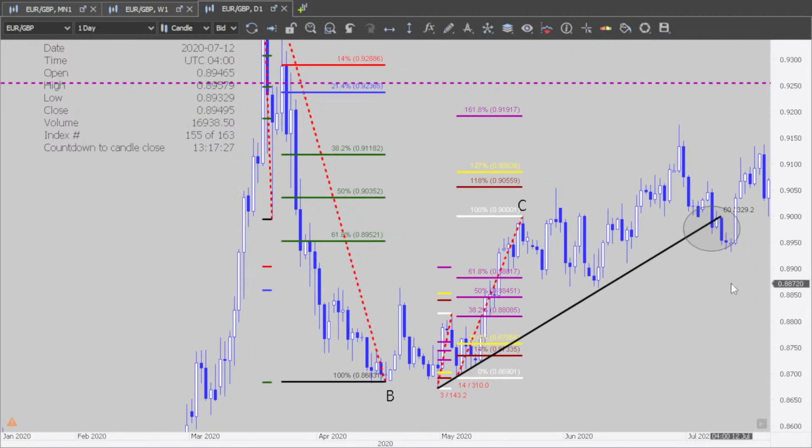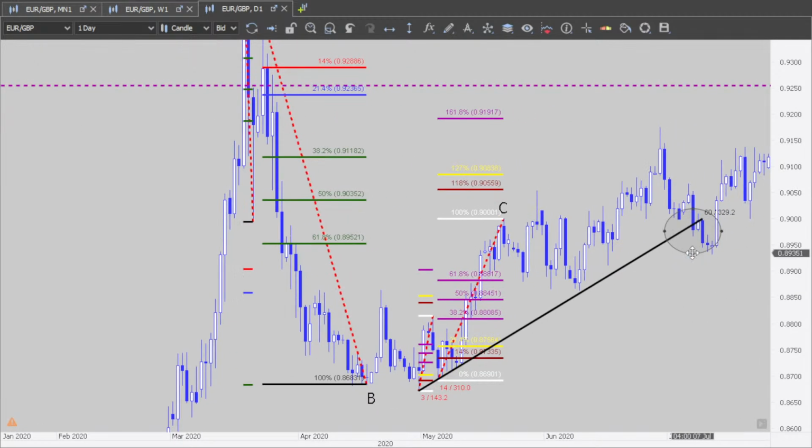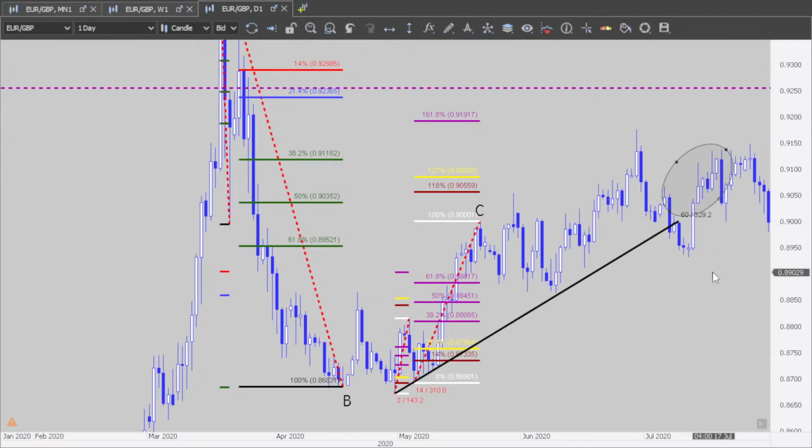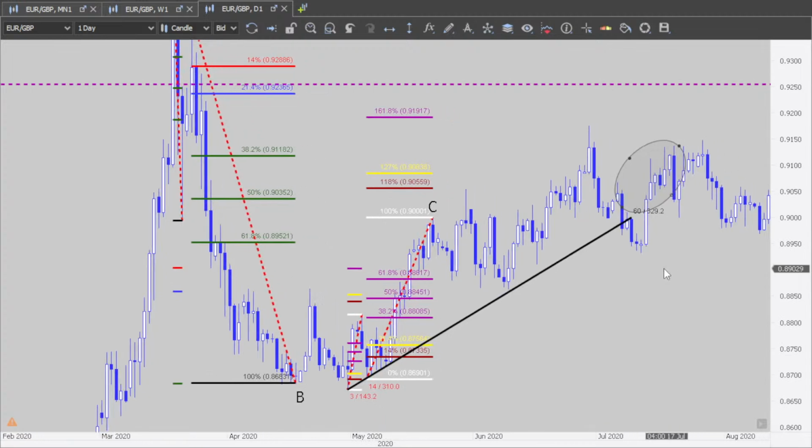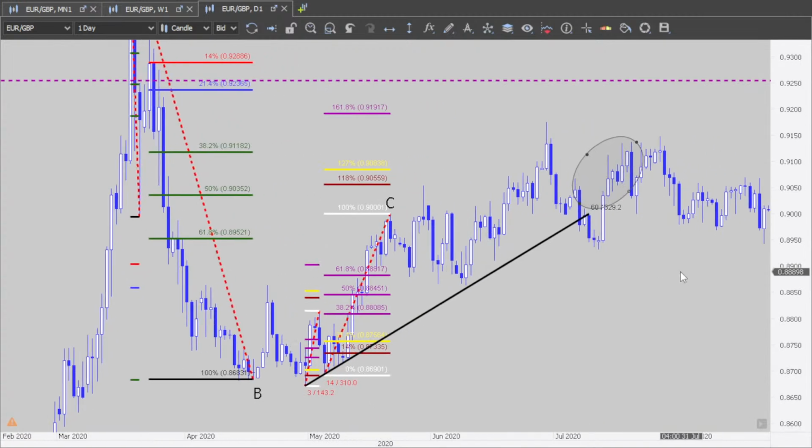And in between I'm going to stress a little bit because the market is going against me one more time, and now the market is sideways again.